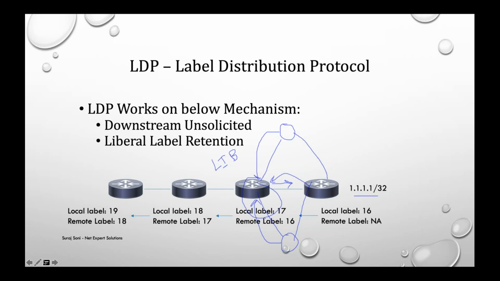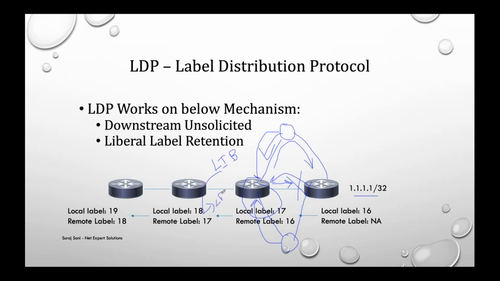So in case this particular link goes down, I don't need to wait for the others to allocate new labels. I already have a label from this. So maybe after this, it will be the preferred path. I already have the label, so I will take that label out of the LIB and store it into my LFIB.